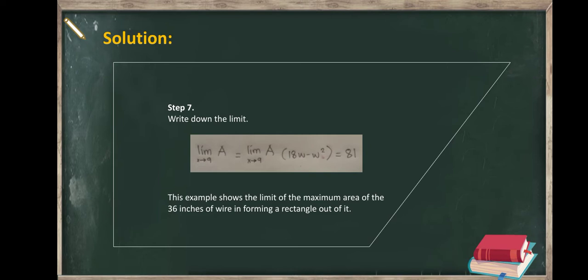Limit of A as x approaches 9 is equal to limit of 18W minus W squared, which is equal to 81 as x approaches 9. So this example shows the limit of the maximum area of the 36 inches of wire in forming a rectangle out of it.